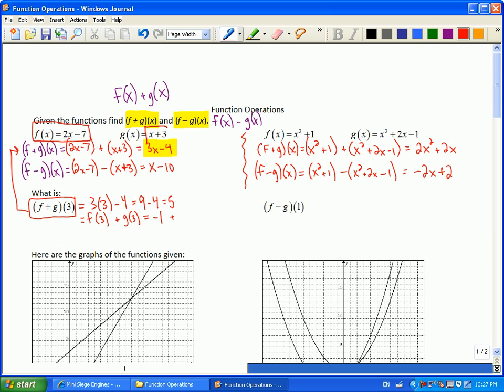And then here's g, so that'll be 6. And again, I still end up with 5, which you hope, because we did the same thing two different ways. Okay, so you try doing f plus g of 3 on the other pair here. So you're evaluating at the number 3, not just f of x.